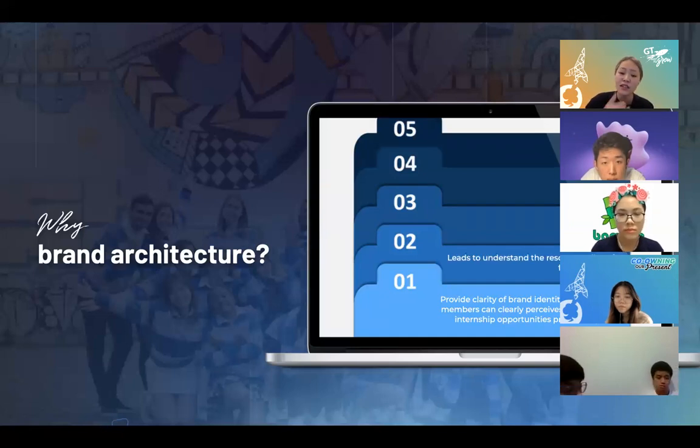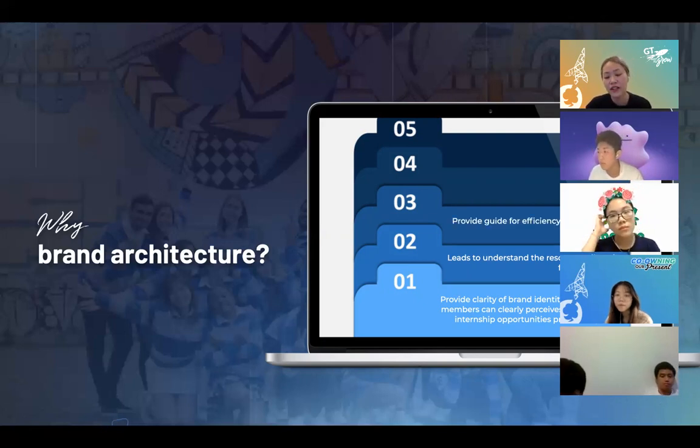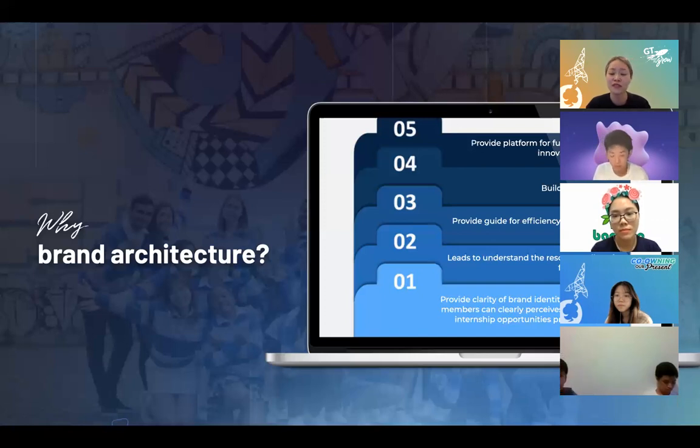Later on, it can help us understand what resources to allocate, like how many members we should allocate for VPP, for GTA, GT, and so on. And then how synergy and more efficiency make operations more efficient.